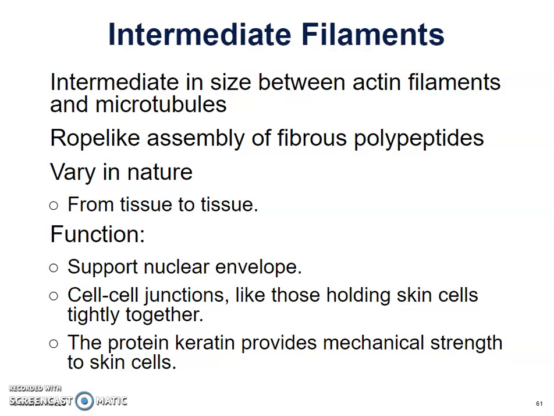Some cells have to work very closely with their neighbor. So skin cells are a type of cell that has to do that. So the intermediate filaments form cell-to-cell junctions that hold those skin cells together. They're made out of the protein keratin, and it gives them a lot of their strength.